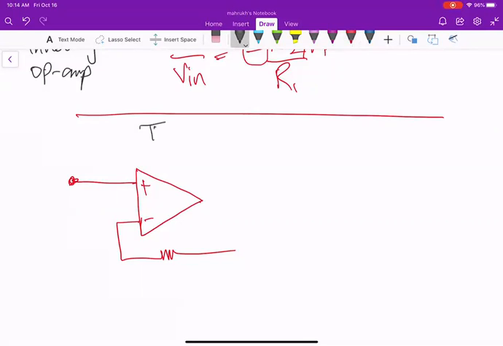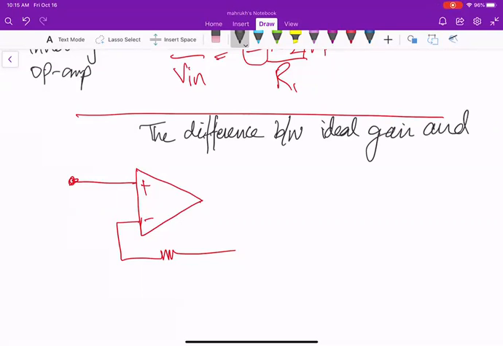I should say that this is the difference between ideal gain and practical, or finite gain. Actual gain, sorry. Actual gain, okay. So that's what we will need to see, what is the difference between them.